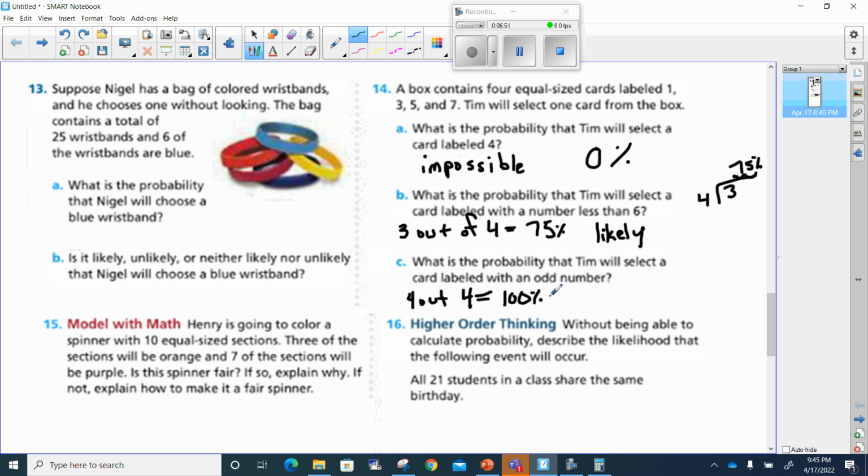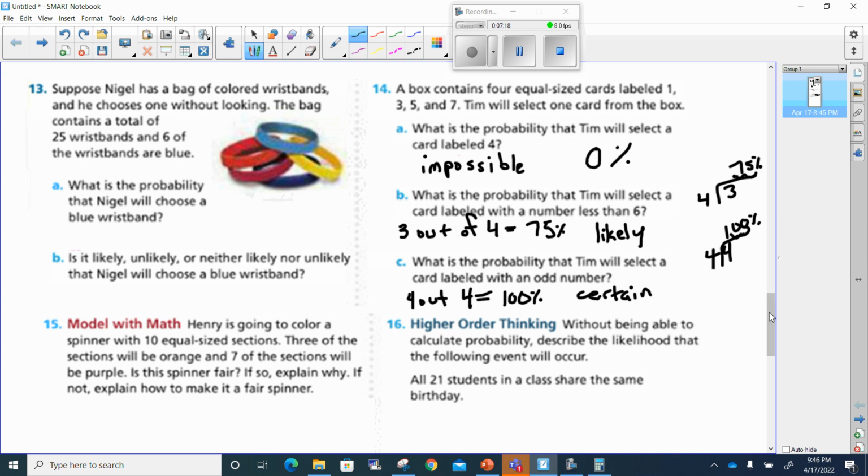We know this because 4 divided by 4 is 1, and we'll move the decimal over twice. That gives us 100%. So that is 100% of the time. That is certain.